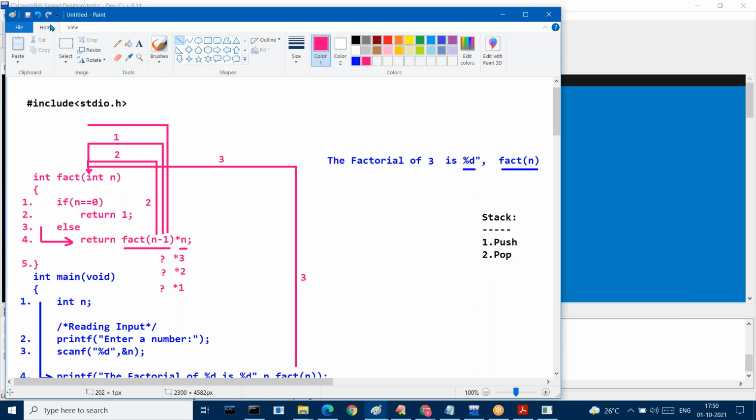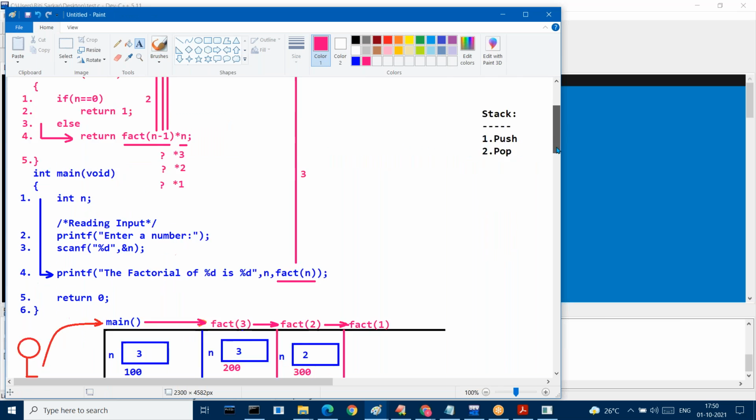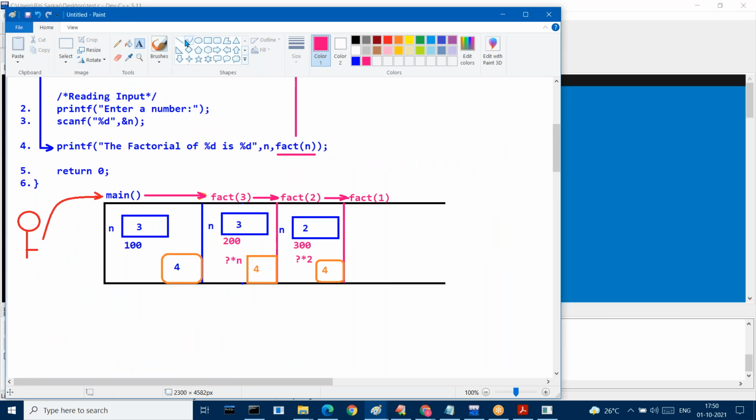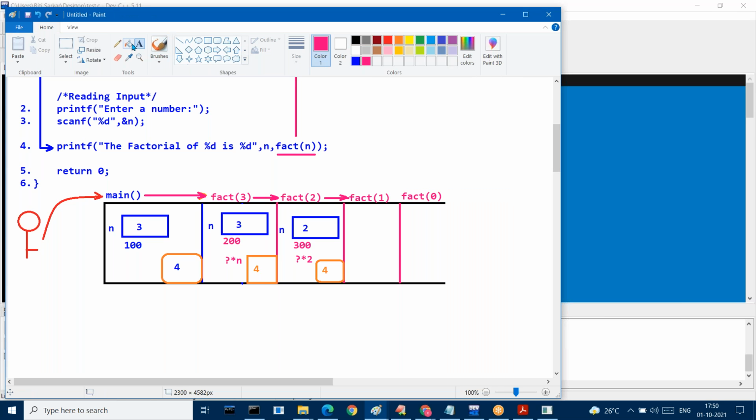So who called this fact 0? Sir, fact 1 calls this fact 0. Why? Because he was unable to calculate and was stuck at the same point.